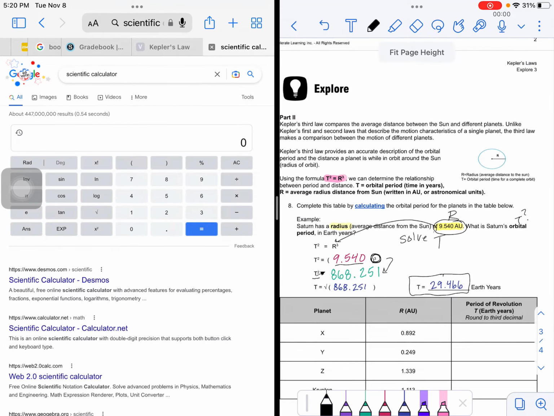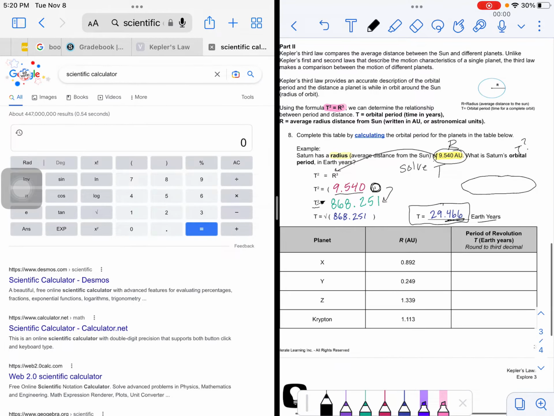So this is saying it takes Saturn about 29 and a half or so Earth years to complete one full orbit. So we're doing that a couple more times here with a few mystery type planets, planet X, Y, Z, and planet Krypton.